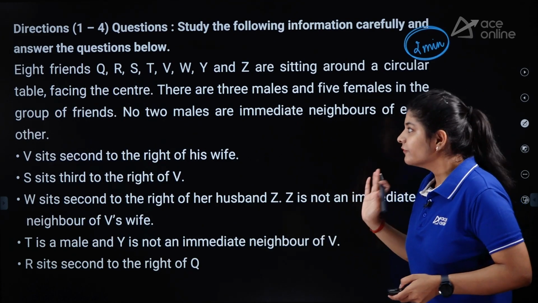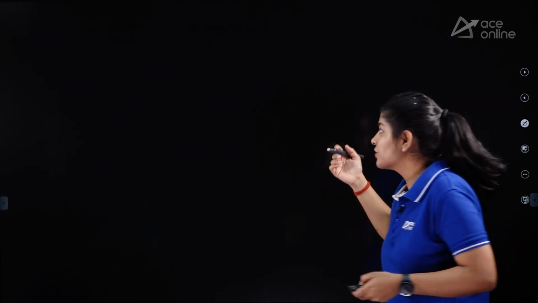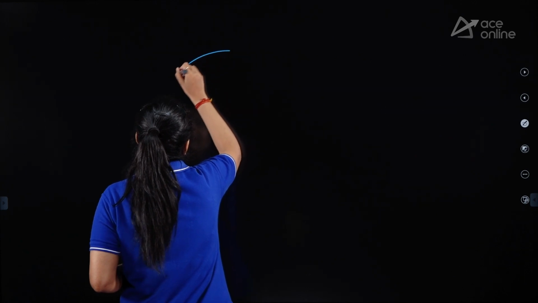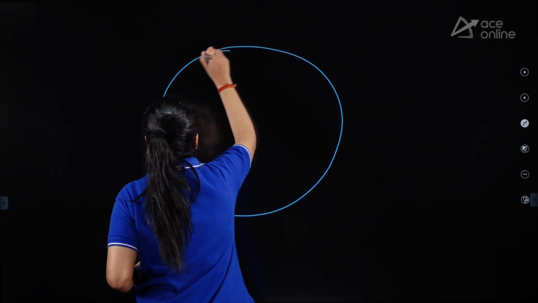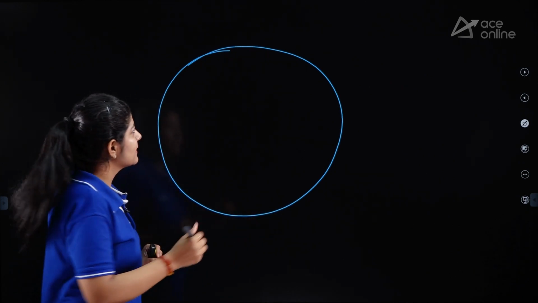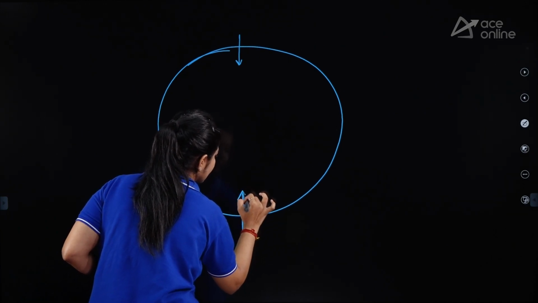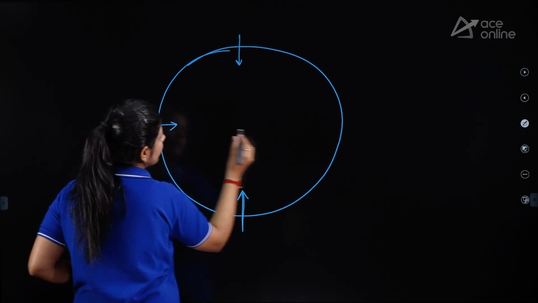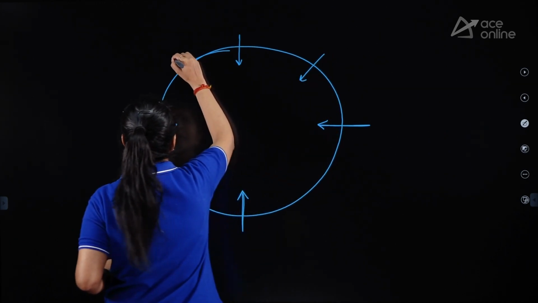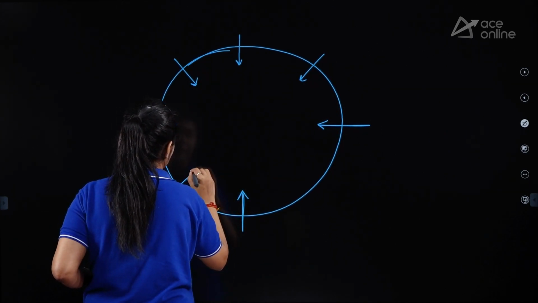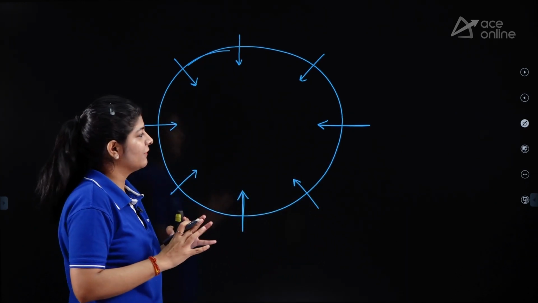So with this data, how am I going to draw my arrangement? Here I am just drawing my circle. Basically this is my circle and we have 8 people, the 8 friends that we have.